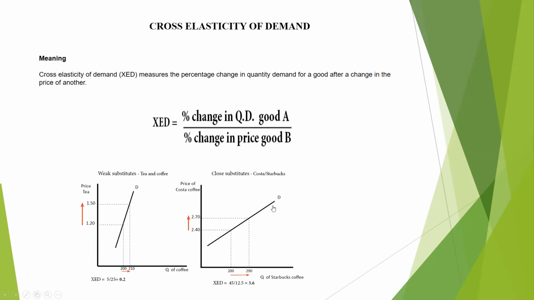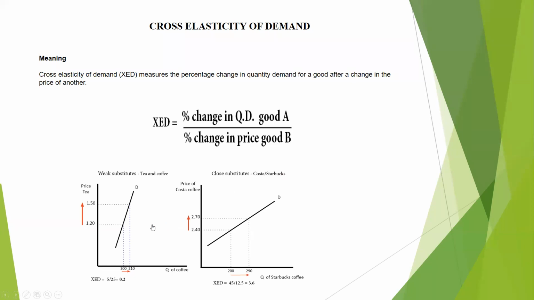So while we are writing the justification or explanation of the diagram, we have to write in this manner. First, we have to write the meaning of cross elasticity of demand, and the formula for obtaining it. After that, we have to tell that in measuring cross elasticity of demand, we can also measure with weak substitutes and close substitutes.